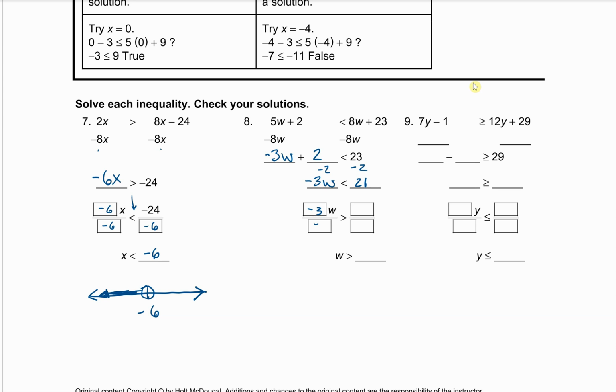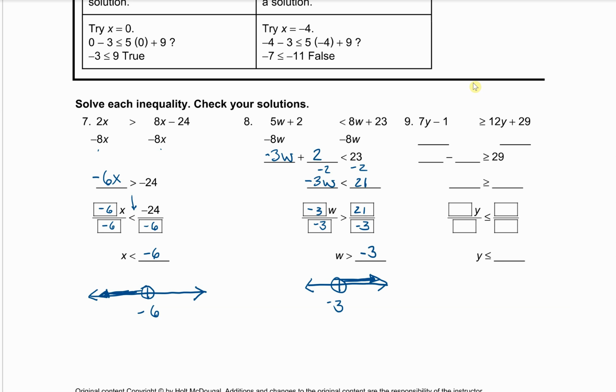And then I'm going to divide by negative 3, which is going to reverse my less than to become greater than. So we have w is greater than negative 3. And again, very similar number line here. There's negative 3. I'm going to have an open circle. This time, since it's greater than, I'm going to point to the right.